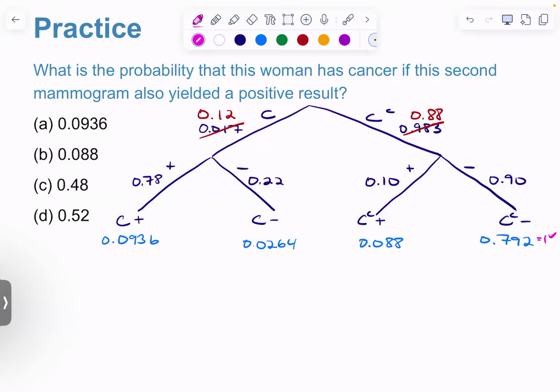So now we want to solve the same problem. What's the probability that they have cancer given that we have a positive result again, right? With these adjusted probabilities. So again, we're interested in those positive results.